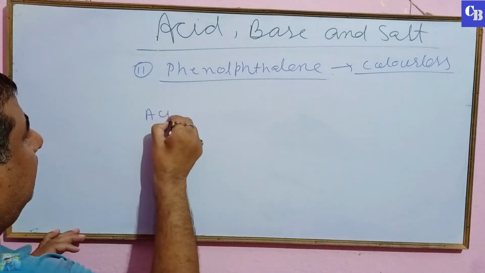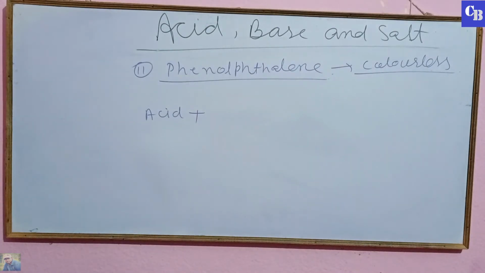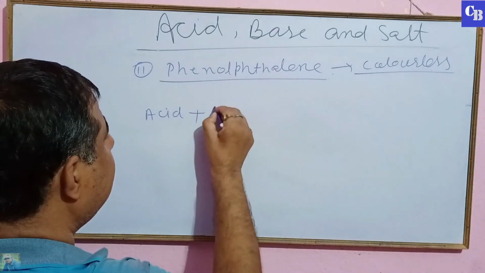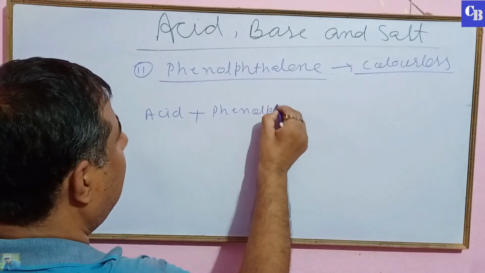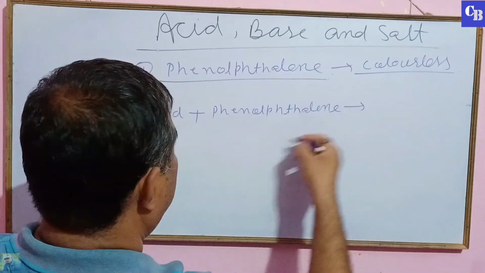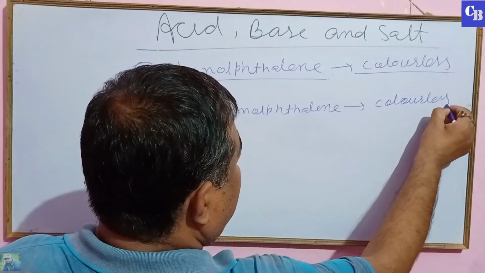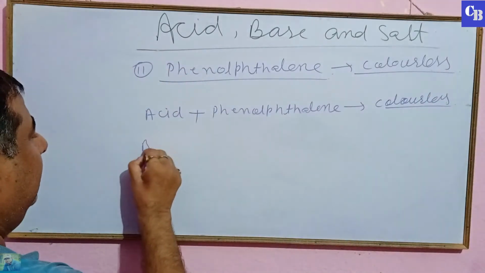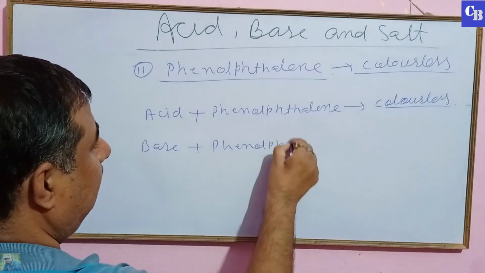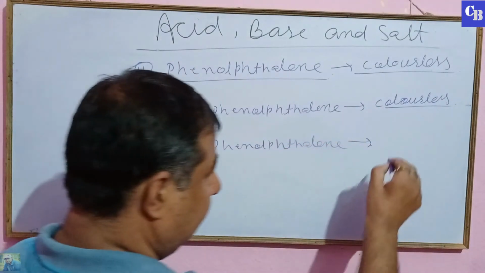When phenolphthalein is added to acid, its color does not change, meaning it remains colorless. And base plus phenolphthalein becomes pink.